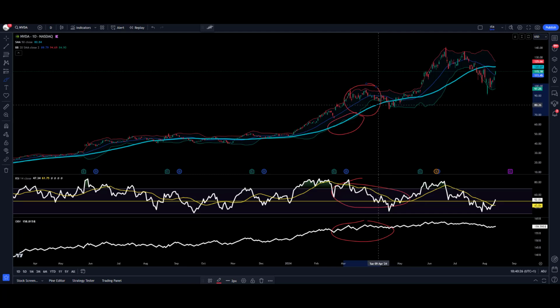Now you could also add a sentiment indicator like the put-call ratio if you can get hold of that data, to give you a point of view on what the options traders are thinking sentiment wise, bearish or bullishness for Nvidia. But that is a combination. Now you don't need to add all of them. You might just have, say, the trend indicator, the 50-day moving average, with maybe the momentum of the RSI and the volatility of the Bollinger Bands.